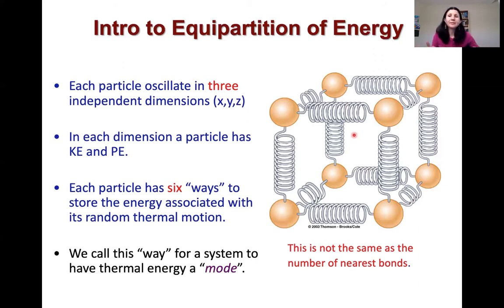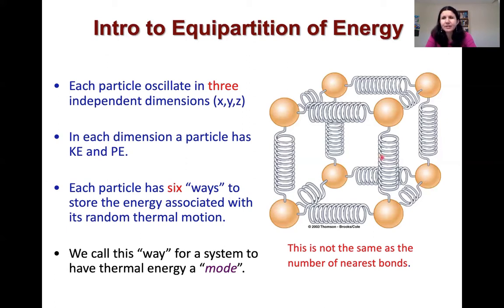So there's basically 6 ways where this energy can go. It can go into the kinetic energy in the X direction, potential energy in the X direction, then Y and Z. So we call those modes. So there's 6 ways to store this energy, and equipartition tells us that on average, each of these 6 ways will get that same amount of energy.